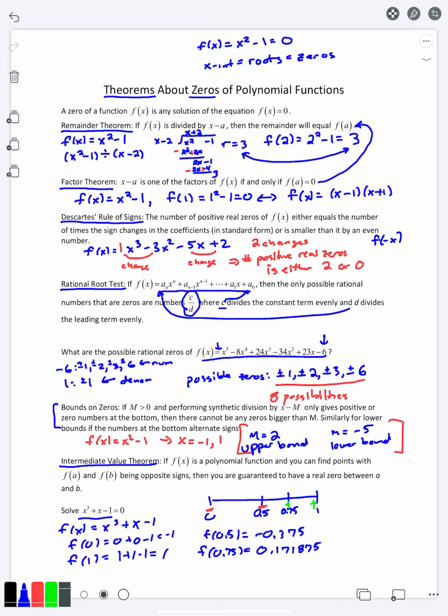And the next halfway point is 0.625. And if I plug that in, I'm going to get a negative answer. So now I know I'm between 0.625 and 0.75. And the next one here is going to be at 0.6875. I swear we're actually going somewhere with this.